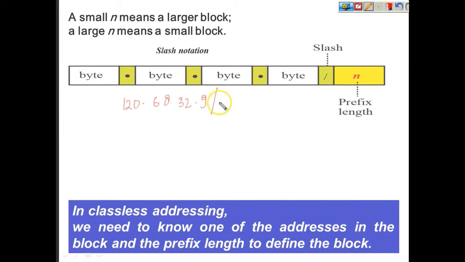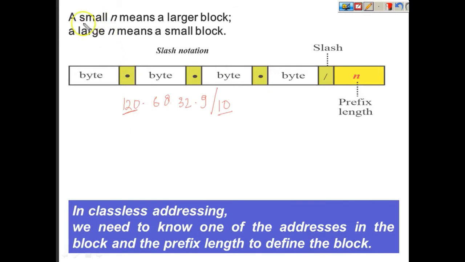If I write slash 10, that means my network bits is 10. In the previous case, classful addressing, this is not required because the network bits are fixed. It may be 8 or 16 or 24, and we can easily find out which class the address belongs to by looking at this value. But here the network bits vary, so it is mandatory to write the slash value.